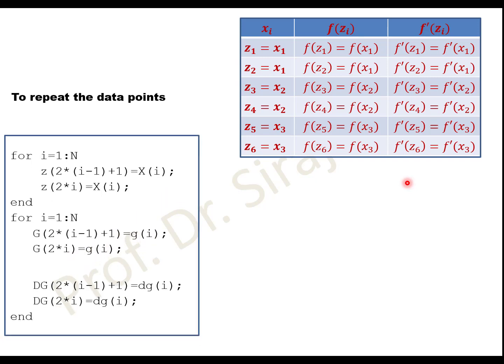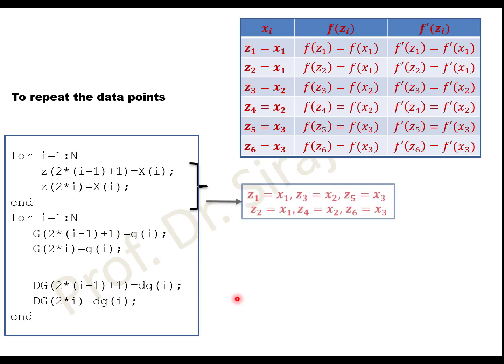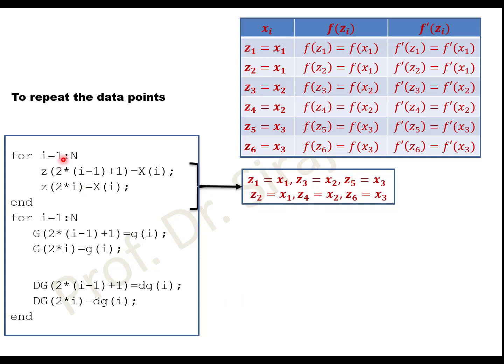I'm using this loop. Now I start from 1 up to n. But you can see this is 2i plus 1, which I'm using for odd entries, and 2i, which I'm using for even entries. Similarly over here and in this case also. So what are the first two lines doing? i is equal to 1. Now I told you I reassigned these values.